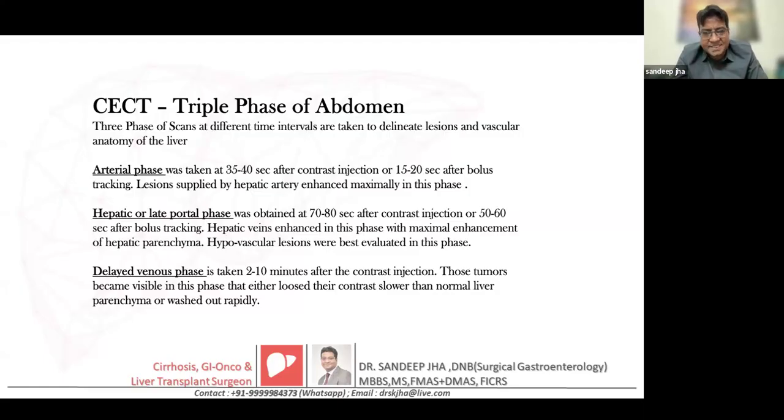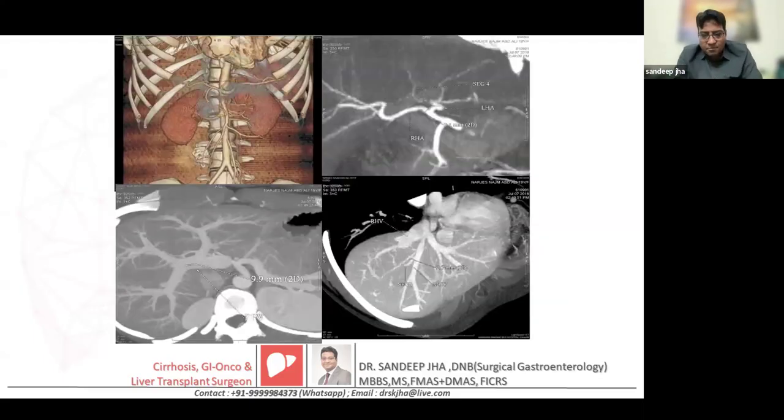I'll just discuss the basic aspects of how we plan this surgery. Now a CT scan gives us these images. These are the planning images that we get from a specialist CT triple phase scan of the donor. You can see the portal vein anatomy is well delineated.